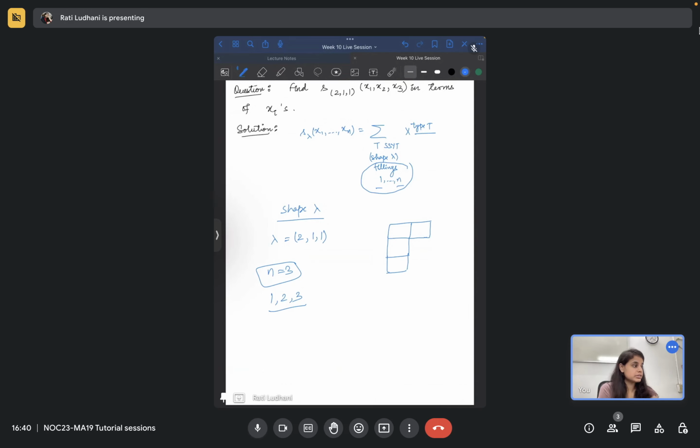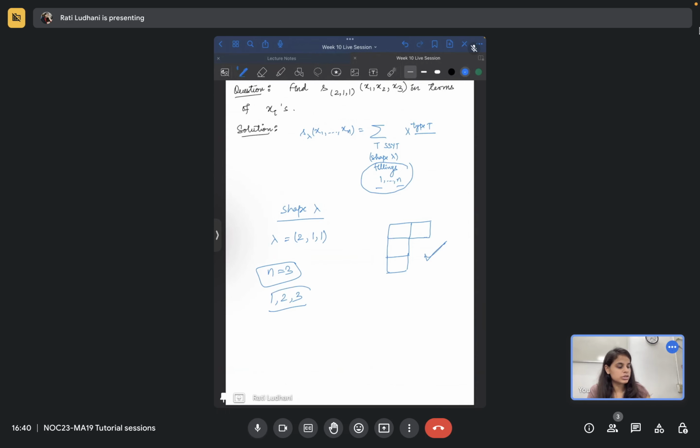Wherever you get these blocks to be as you want, you will consider the corresponding mu in your case. So this is the relation. Let's try to do that.